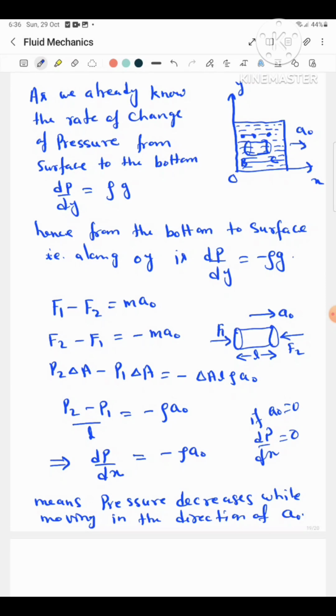So from this equation also it is clear that if the container is not moving with acceleration, the pressure will not vary horizontally, and the pressure will be equal at all the points that are horizontally located at the same depth from the liquid surface.